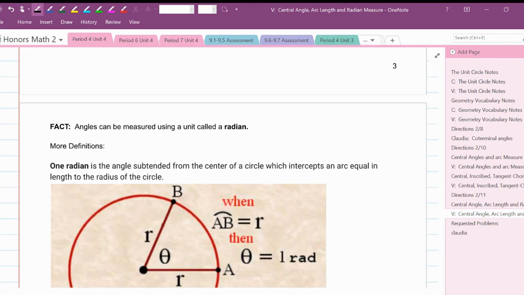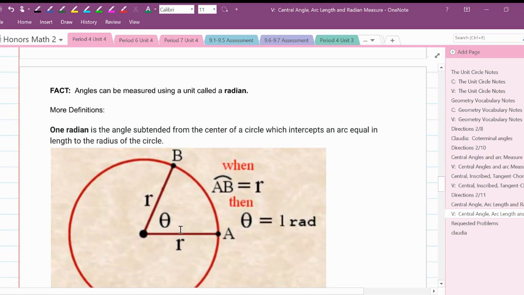We're going to measure our angle, not in degrees, but in a new measurement called radians. So it's just like choosing to measure the distance you travel, either in meters or miles. So we can measure angles in degrees or angles in radians.